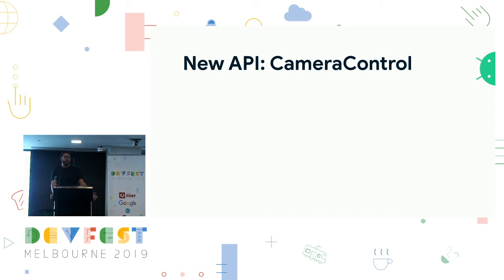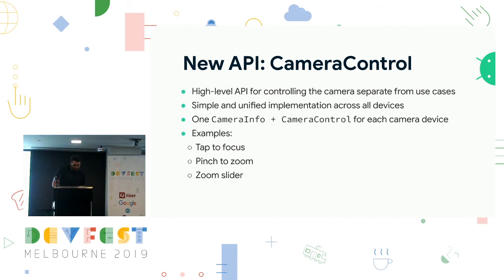Finally, we have to talk about what's new in CameraX. The two most important things I want to talk about are these new APIs called CameraInfo and CameraControl. The idea is that one of them can control the camera object independent of the use cases, and the other one can retrieve the general information and state of that camera that is being used.